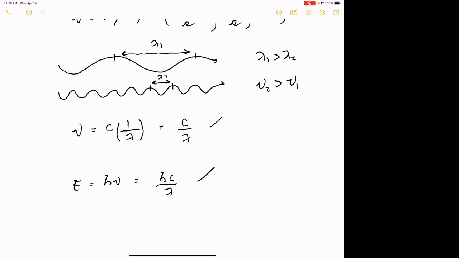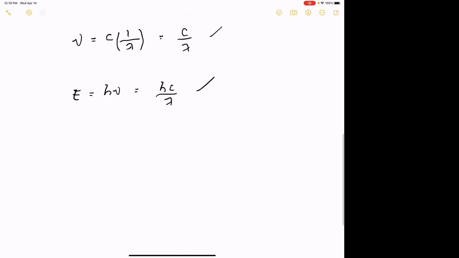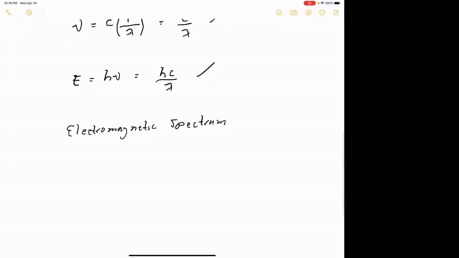All right, so the next thing that we kind of have to think about is this thing called the electromagnetic spectrum, which is where we talk about different types of light or energy. All right, so in this case, we can think about all the different kinds of radiation that we have.